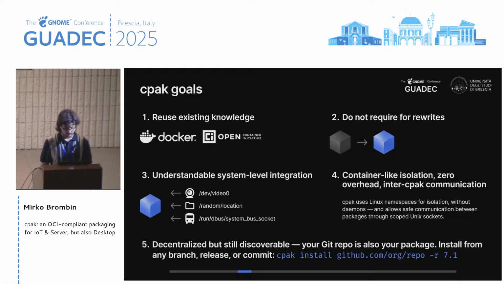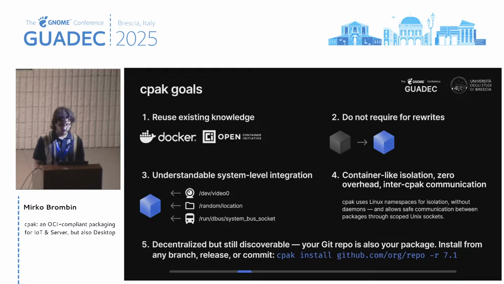The fourth point is getting container-like isolation, zero overhead, and, most important, the connection between cpaks. So if I have a cpak for VS Code, I'm doing an example for a GUI application, even if cpak is not mainly made for desktop.